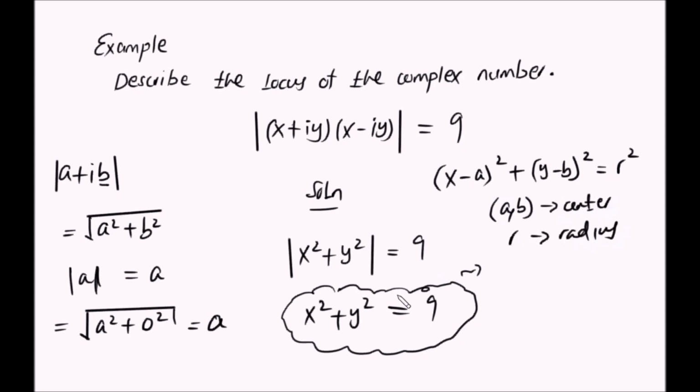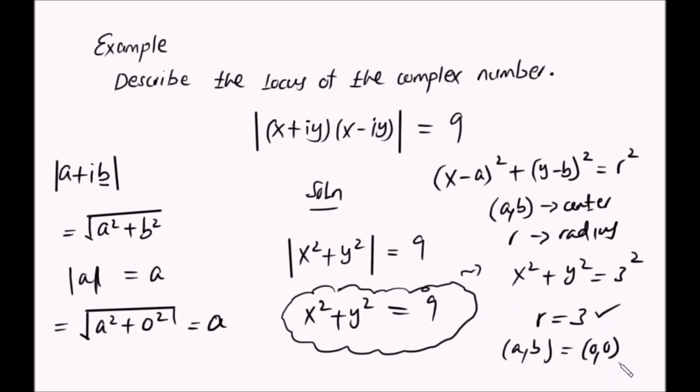So sisi tuliopata hii ni x squared plus y squared sawa na 3 squared. So you can see radius yetu sisi ni 3, alafu center yetu ni 0 sababu x minus 0 ndio inakuwa x squared na y minus 0 squared inakuwa y squared. Kwa hiyo center yetu ni nini? Ni (0,0), the origin. So our locus now is a circle of radius 3 units and center the origin.